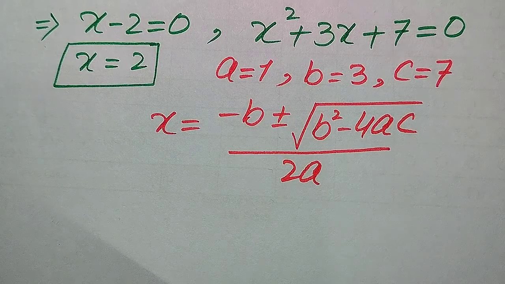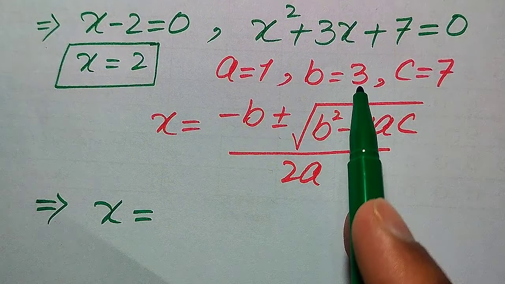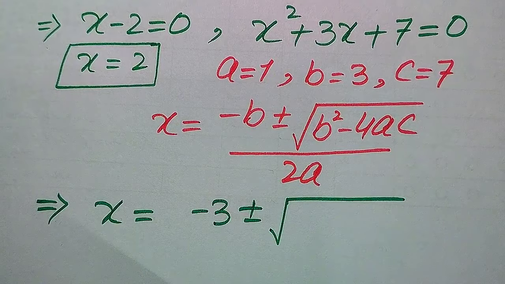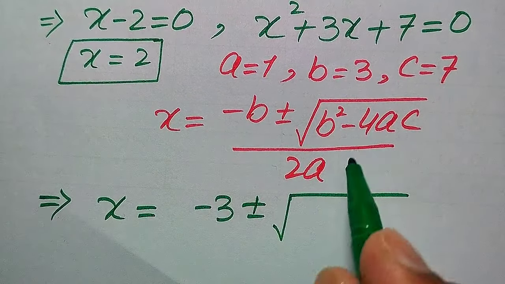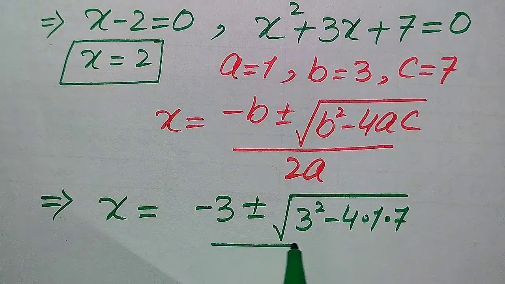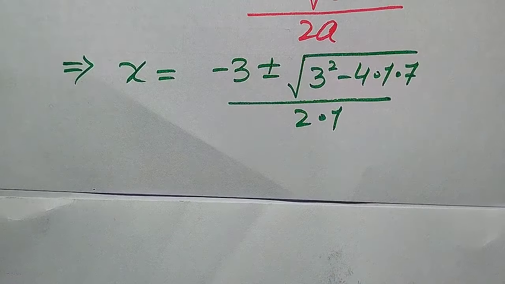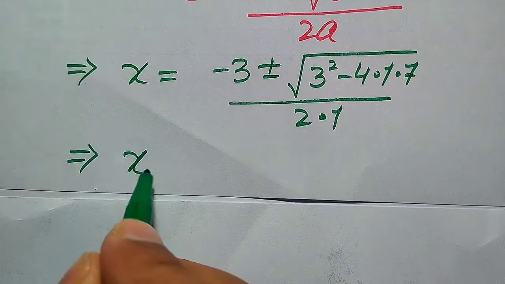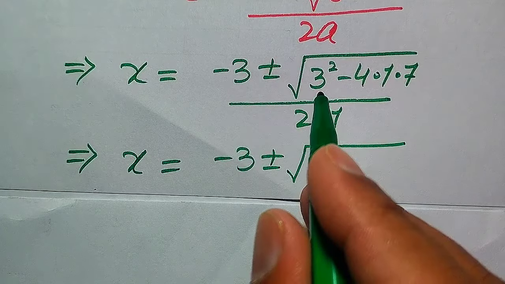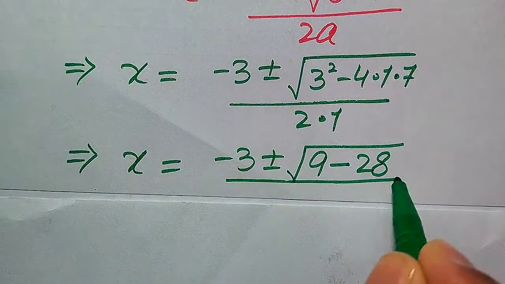Here we need to substitute the values of a, b, and c. The value of b is 3, so it becomes minus 3 plus minus square root of 3 square minus 4 times a, which is 1, times c, which is 7, divided by 2 times a, where a equals 1. With more simplification, x equals minus 3 plus minus square root of 9 minus 28, divided by 2.